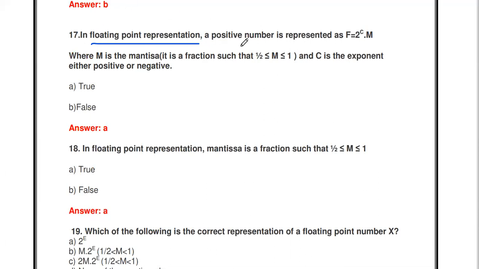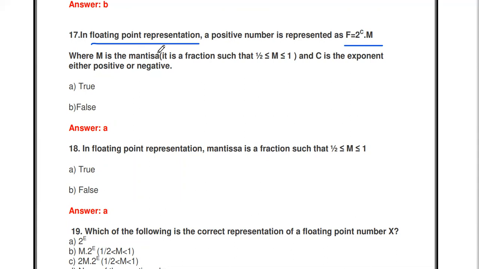In floating point representation, a positive number is represented in the form F equal to 2 to the power c into m, where m is the mantissa and c is the exponent. This is the general form of floating point representation.